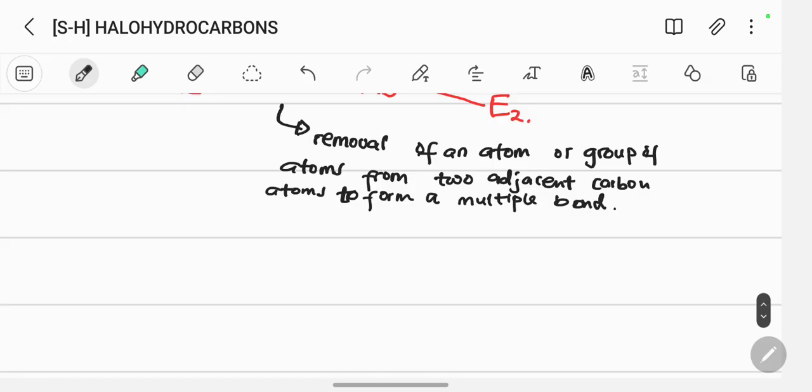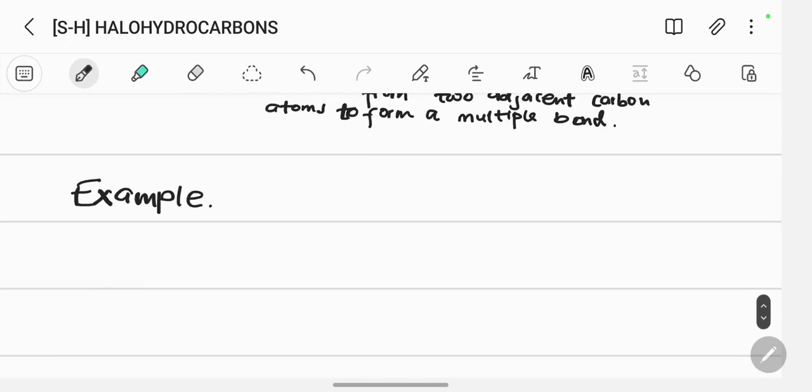Our example is going to be CH3 and bromine there.